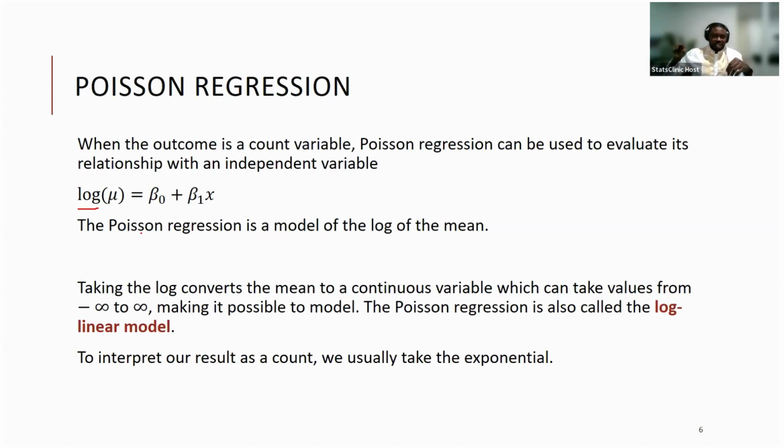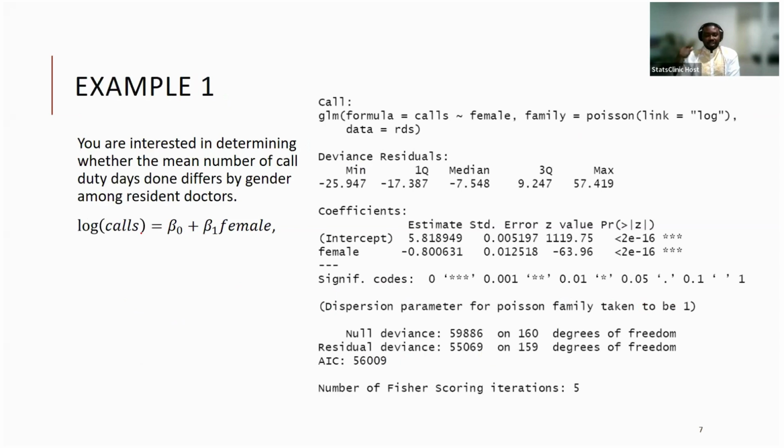Remember that in logistic regression, because you use the log as well, we first take the exponential to be able to interpret. The same thing here, but when you take the exponential, it becomes multiplicative. That means you have to interpret it as a ratio. So the interpretation of the Poisson regression is similar to the interpretation of the logistic regression.